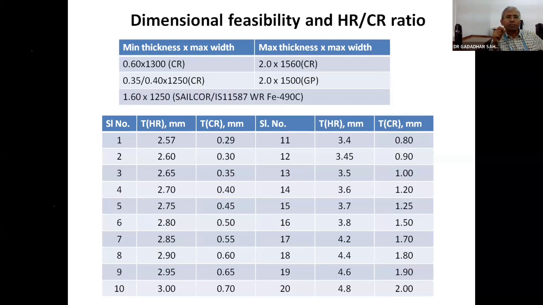And in the case of CR also, for maximum thickness and width, we have gone to 2 mm with 1560 mm width, and for GP we have gone to 2 mm with 1500 mm width. And for Cell Core, what I was saying, IS 11587 WR FE 490C, where 450 is the UTS, in that case we have gone so far to a minimum thickness of 1.6 mm with 1250 mm.